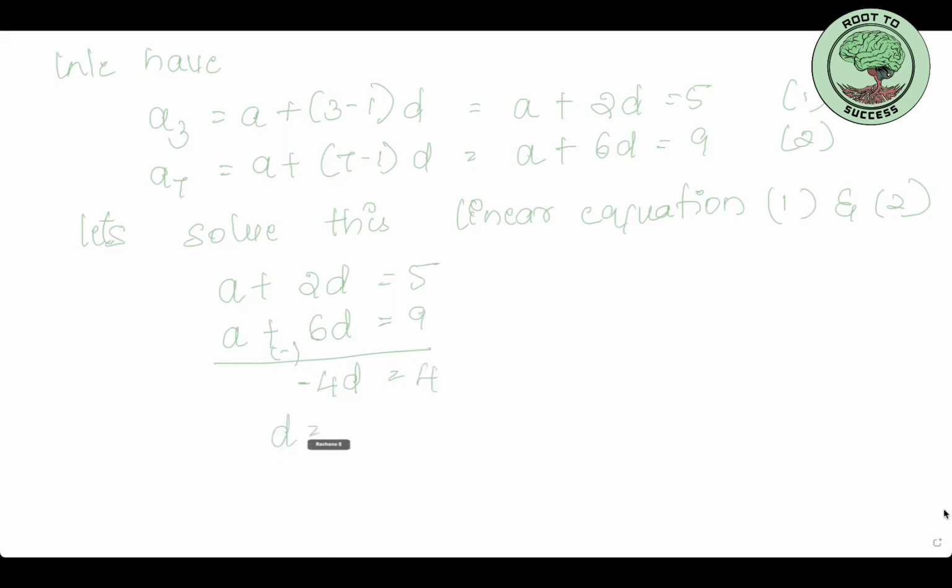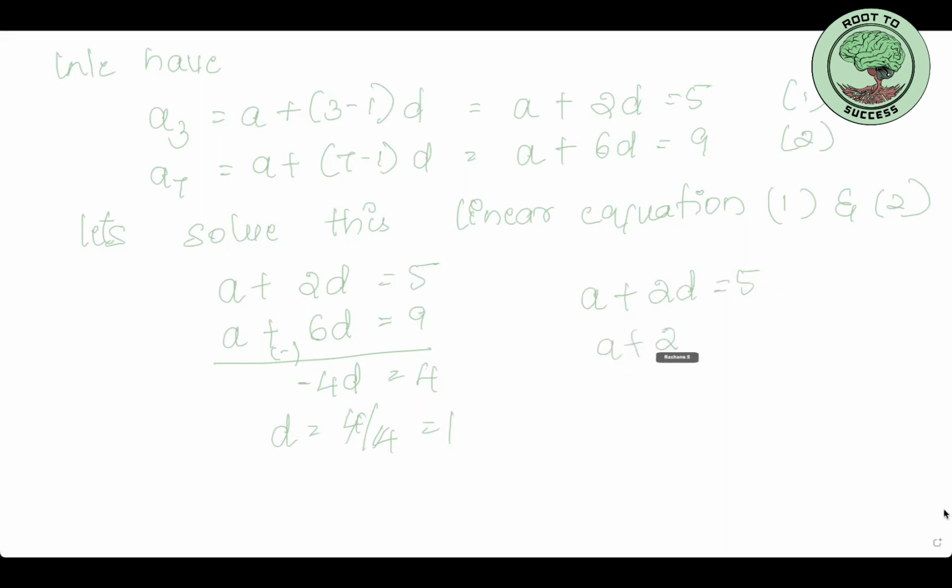So D will be 1, and let's find out the A, using one of the linear equations, that is A plus 2D is equal to 5.